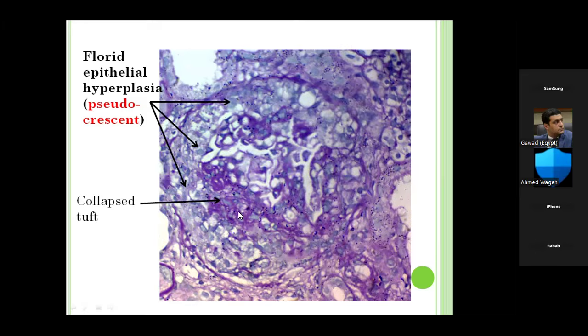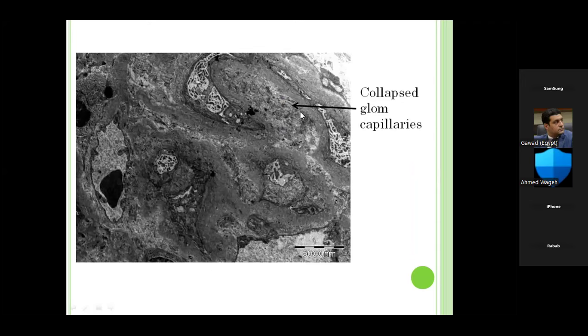And these are the collapsed glomerular capillaries versus these patent capillaries. So these are collapsed and these are proliferating visceral podocytes. Under electron microscope, this is a collapsed glomerulus, the glomerular capillary with overlying effaced podocytes.